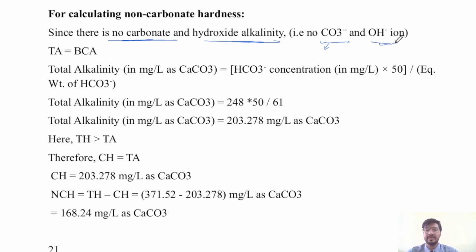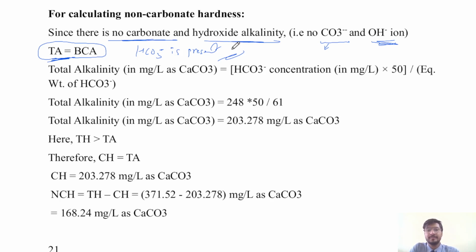That means there is no carbonate or hydroxide alkalinity. If there is no carbonate and hydroxide alkalinity, then total alkalinity is equal to bicarbonate alkalinity only, because only HCO3 minus is present in this water sample.